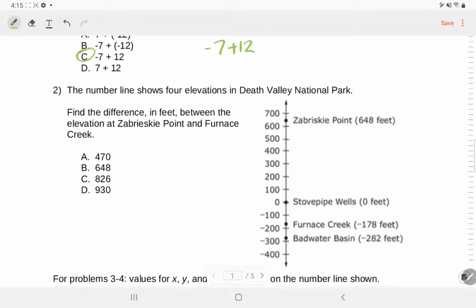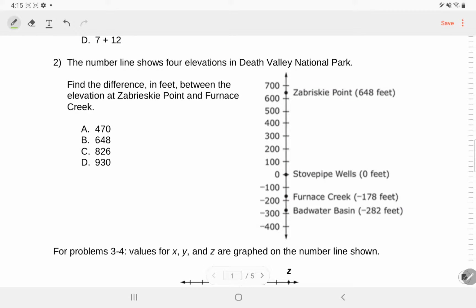Moving on to the next problem. Number 2. The number line shows 4 elevations in Death Valley National Park. Find the difference in feet between the elevation at Zabriskie Point and Furnace Creek. Looking for the keywords, we are talking about the difference. Whenever we see the word difference, we're talking about subtraction. So we want to find the difference between Zabriskie Point, 648, minus -178.